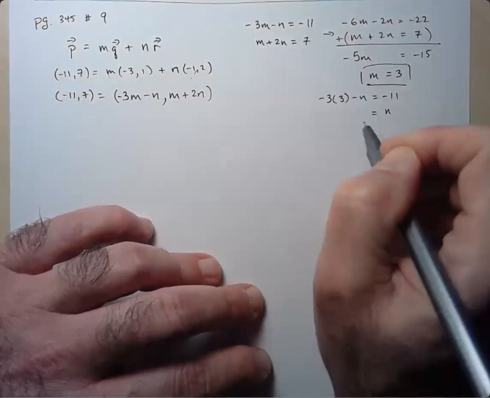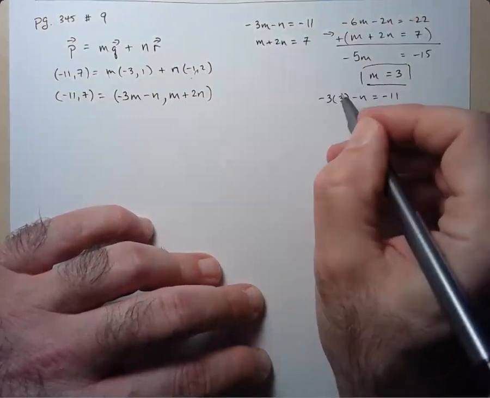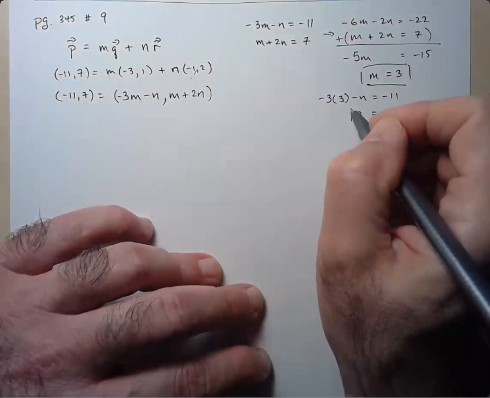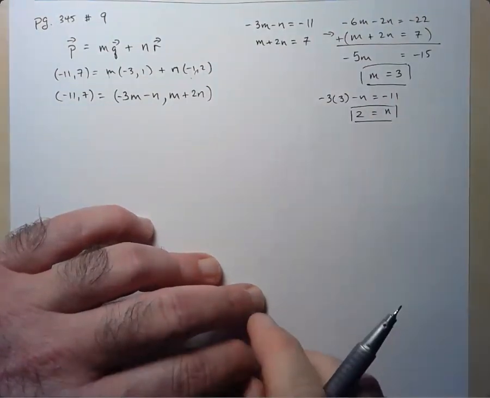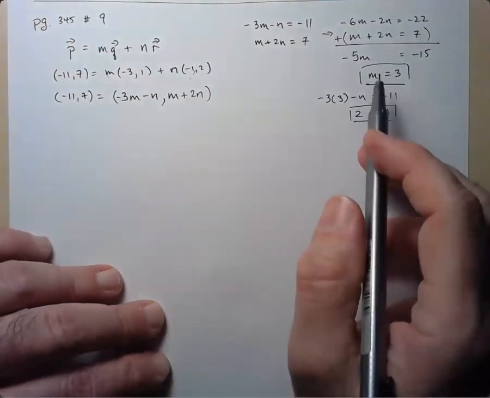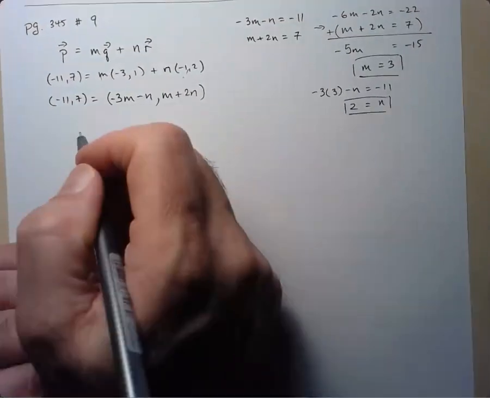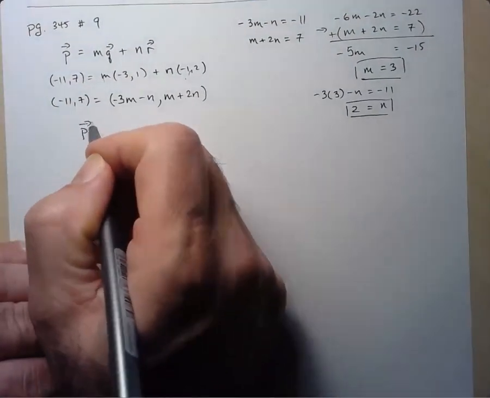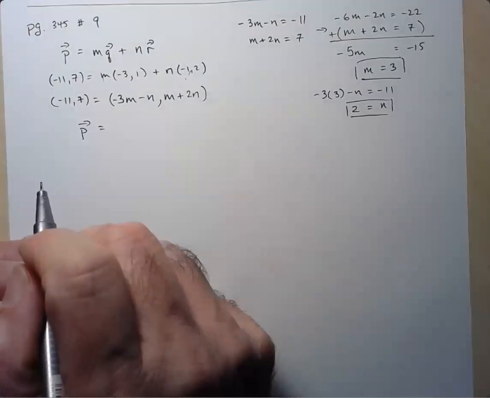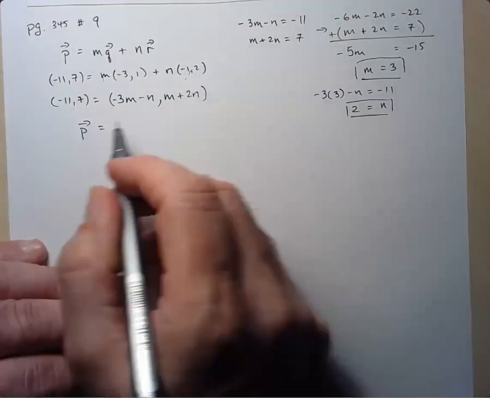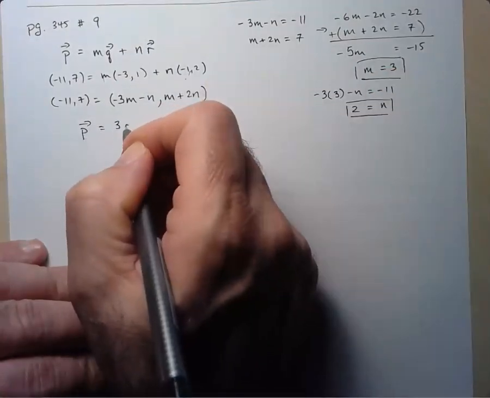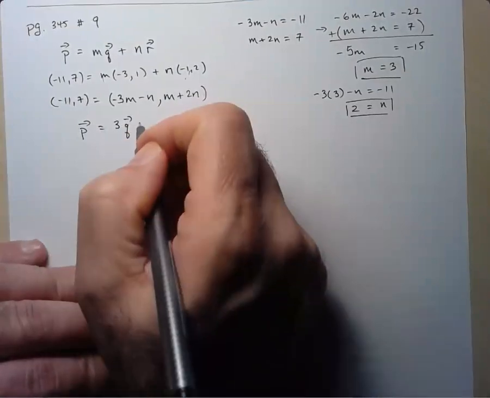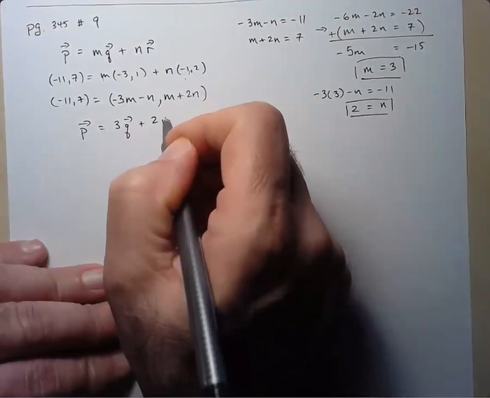So n is equal to -9 plus 11. That looks like it's 2. Okay. Now, technically, this is not the answer because the answer is to write P as a linear combination of Q and R. So that linear combination is going to be 3Q, okay, plus 2R.